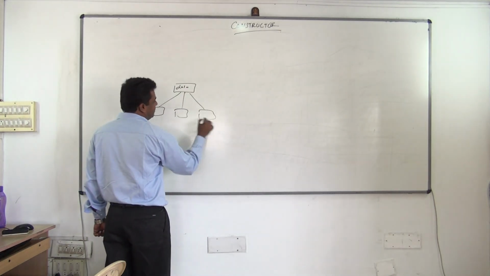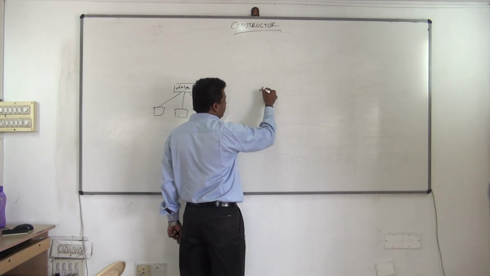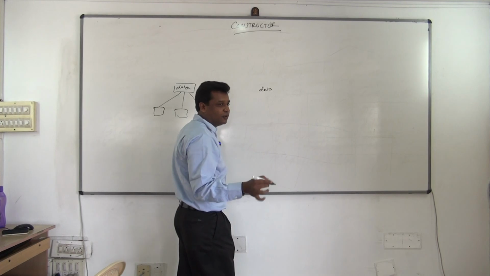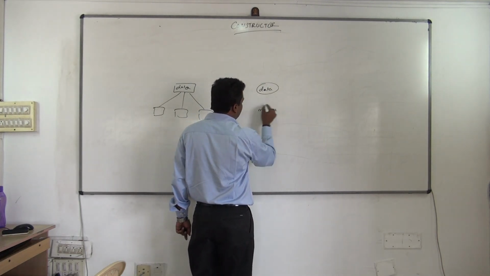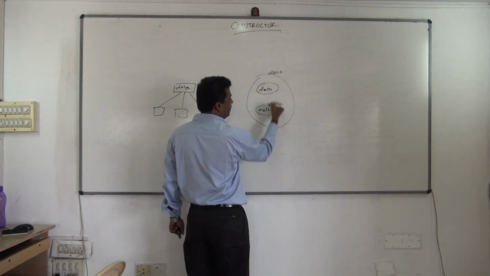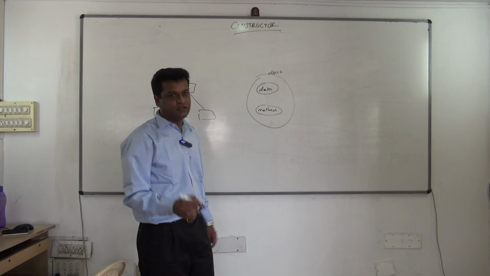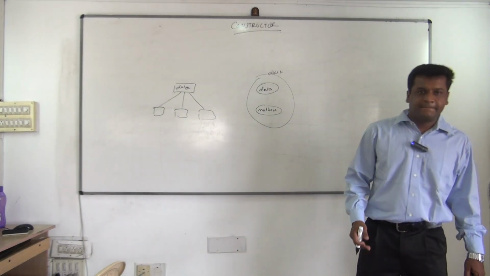That's the drawback of structured or procedural programming. But here it is not like that. Your data is always secure. I'll show you how secure it is very shortly. So this data will be there and your methods will be there. Both will be in the object, and only these methods can access that data. That's how it is finally built. Understood? You have to reach that level.